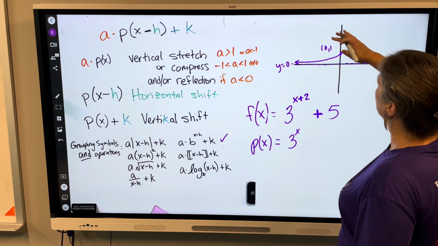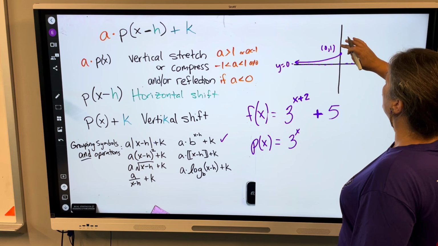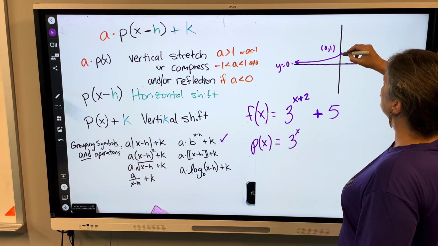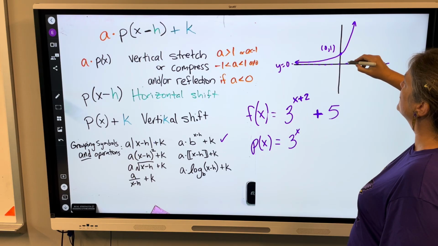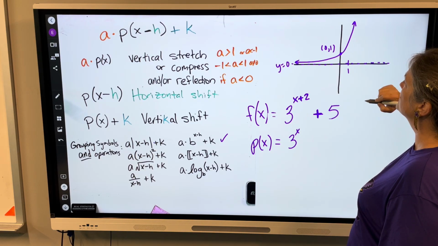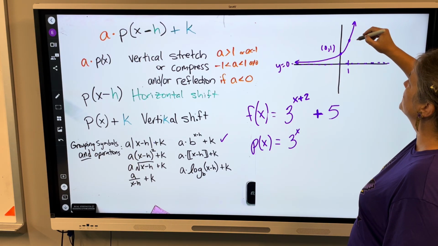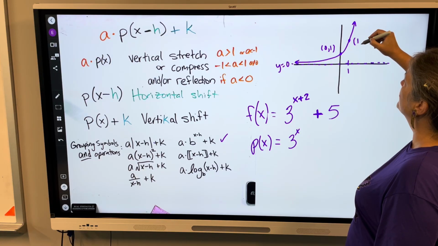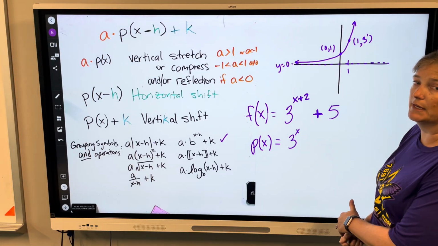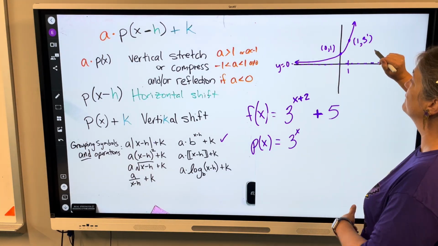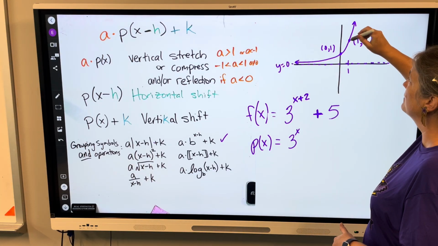Actually, I'm going to move that over here. And then it keeps growing exponentially, but the next key point is when we reach an x value of 1, it's going to be at 1, 3 to the 1, which, by the way, is just 3. That exponent of 1 gets made invisible, and now we have the point 1, 3.